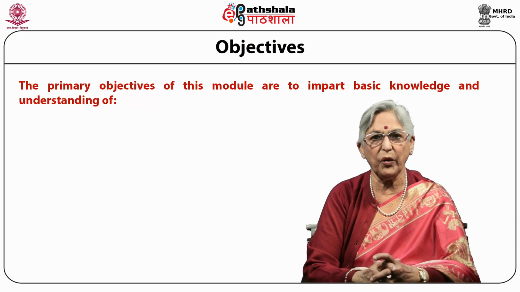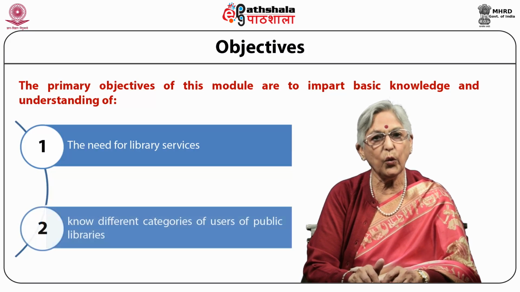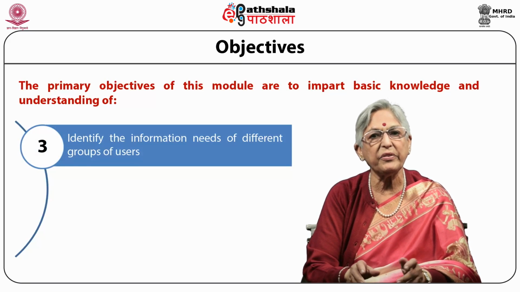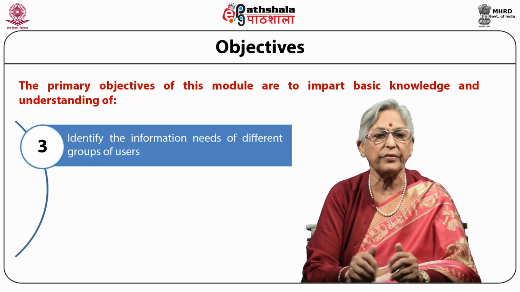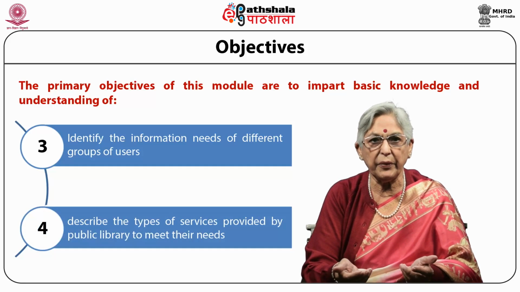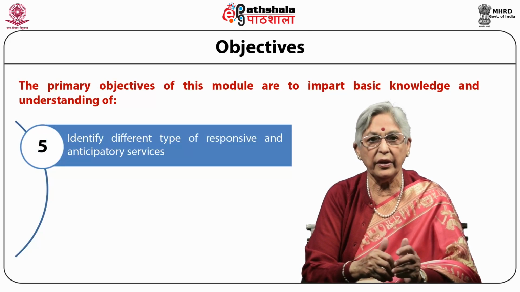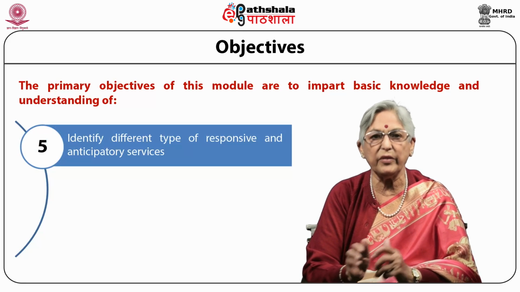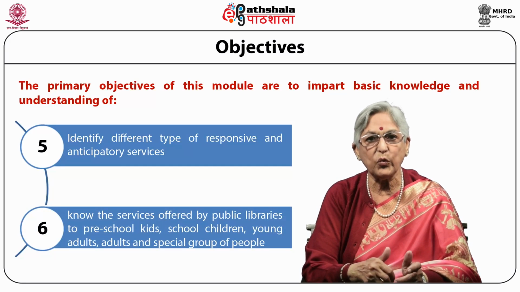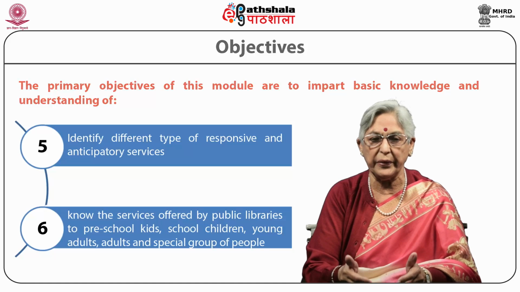After studying this module, you will be able to understand the need for library services, know different categories of users of public libraries, identify the information needs of different groups of users, describe the type of services provided by public libraries to meet these information needs, identify different type of responsive and anticipatory services which library is providing, and know the services offered to preschool kids, school children, young adults, adults and special group of people.